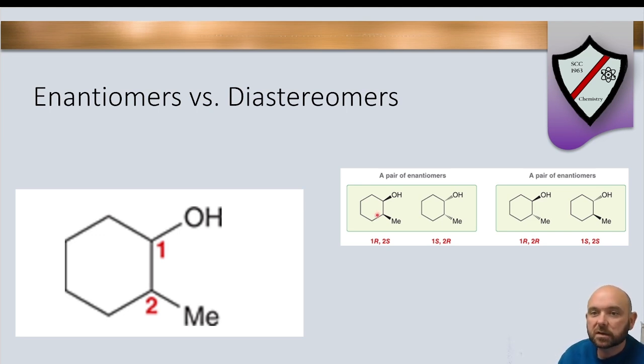So the way you tell the difference, enantiomers always have exactly opposite configurations, whereas diastereomers are the same molecules with just jumbled up configurations. It's not exactly opposite. Only the enantiomer is exactly opposite. Diastereomers are any other random mix of different S's and R's for the same molecule.